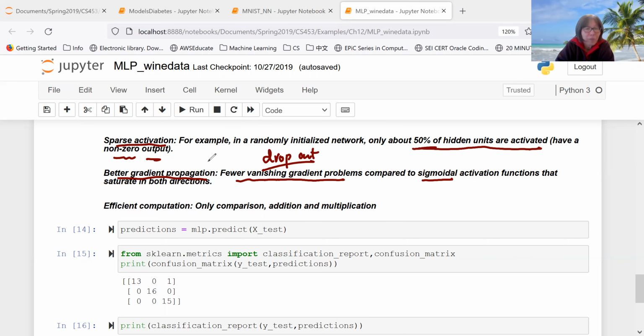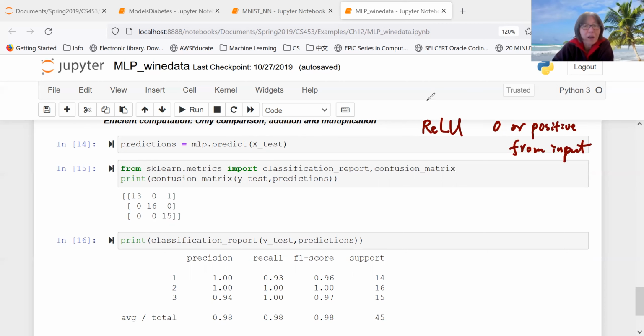It's new to us. Basically it just takes either 0 or positive from the input. So this serves as the activation function. Keep this in mind. And then, just as usual, after you do training, you can do testing, predict the values with the testing data.